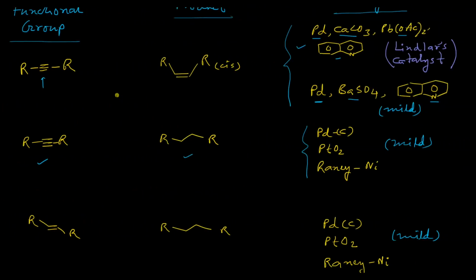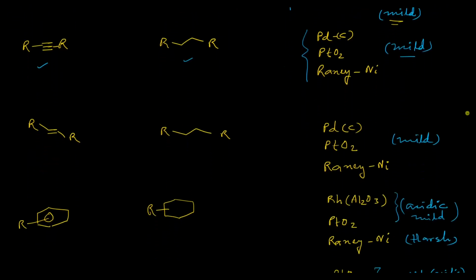One more thing is that the reduction of alkyne into the cis alkene requires very mild reaction conditions. Also, the reduction of alkyne into the corresponding alkane requires very mild reaction conditions, since the activity of these catalysts is very good. Then, if you want to convert an alkene into the corresponding alkane, you can use the previous catalysts, which are palladium on activated charcoal, platinum oxide, or Raney nickel.